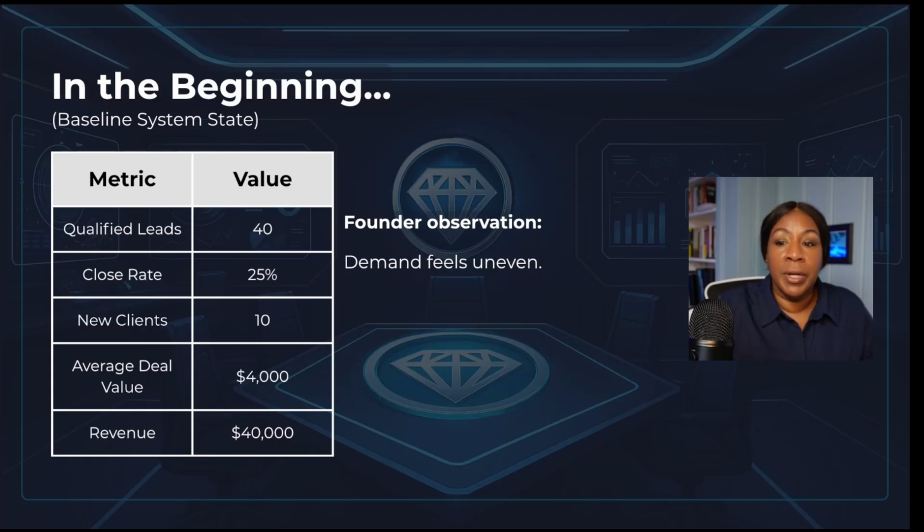So when we started in the beginning, the founder observation was demand is uneven. So we're looking at 40 qualified leads, 25% close rate, 10 new clients, 4,000 average deal size, and a revenue of 40,000.